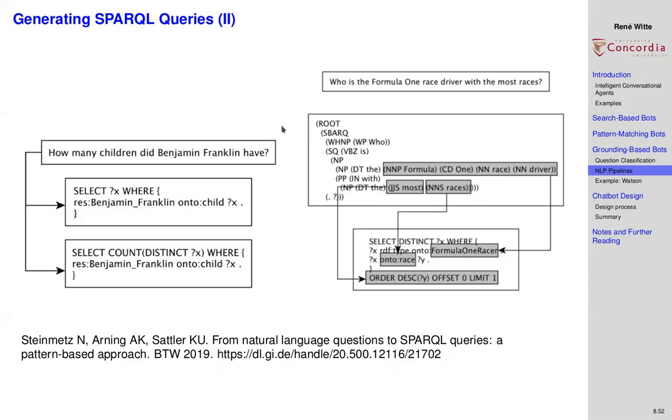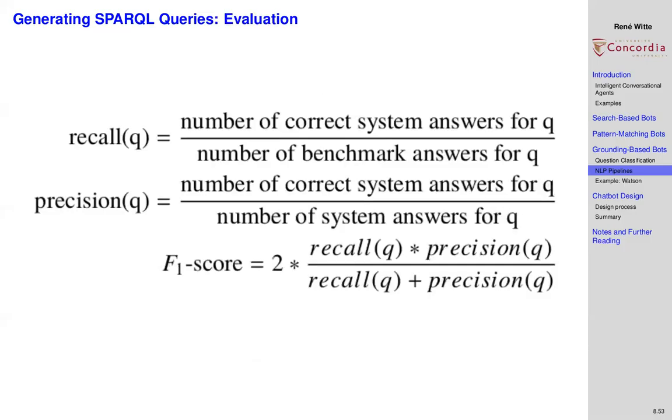So once you've done this and you find an answer, you again want to evaluate your system. Now, this is another AI system, a question answering system, and you want to know how good is it. And if you have a corpus, you can do the same thing that we have done before. You can do a performance evaluation using metrics like precision, recall, F1 measure.